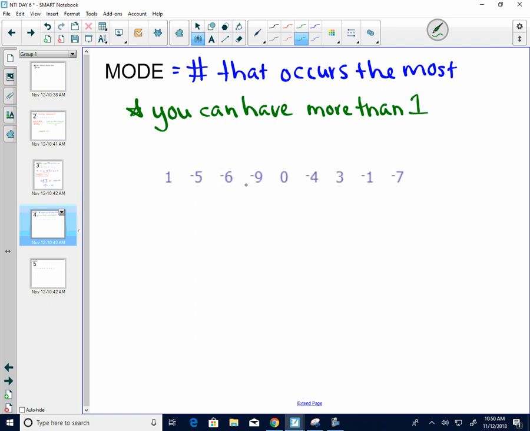In this case, none of these numbers repeat. So you could also have no mode. So don't leave your paper blank when it asks for mode, and there's not one. You need to write the word none.